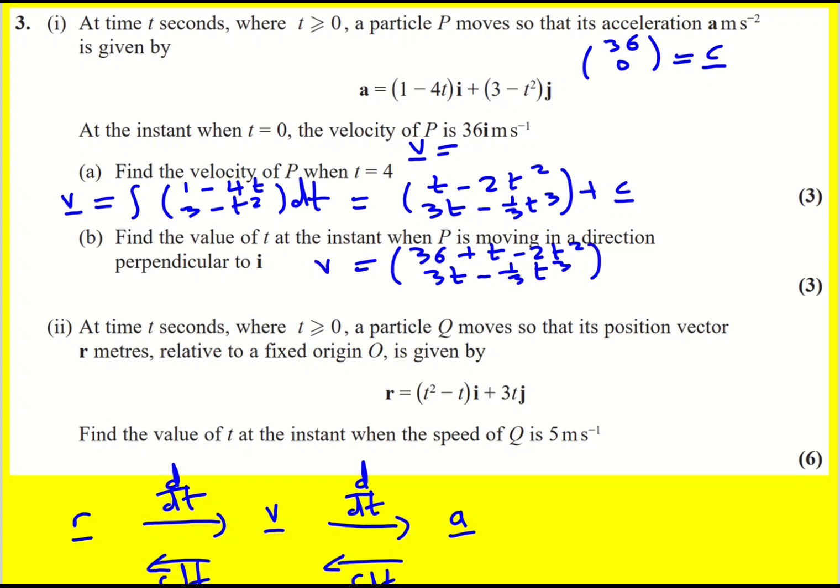That is my general velocity. Right, just finally, they've asked us to sub in t equals 4. So when t equals 4, just sub it straight into your calculator, we actually get 8i and minus 28 over 3 j.